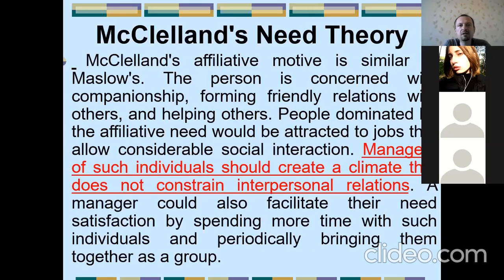And affiliation needs means that it is a pleasure to be a part of some organization. For example, for me, it is a pleasure that I'm working at HSE for the best students like you.